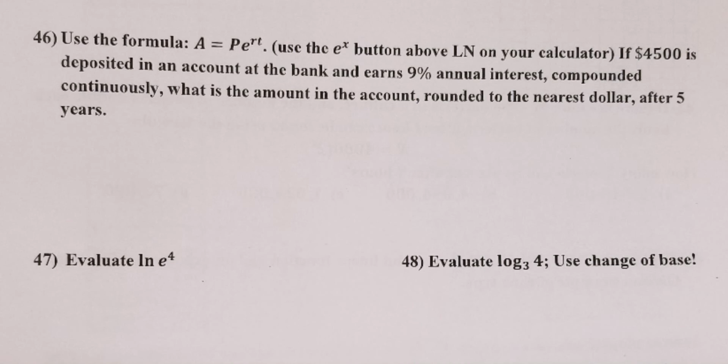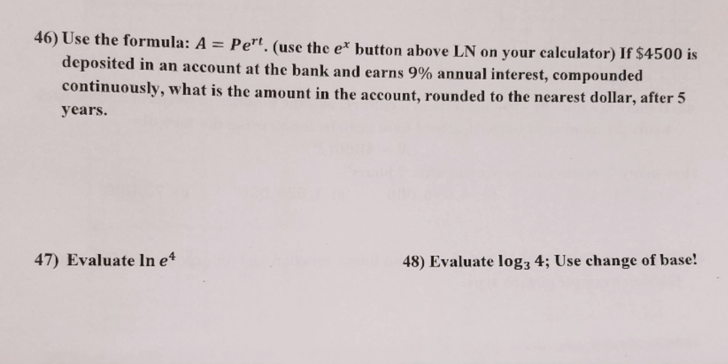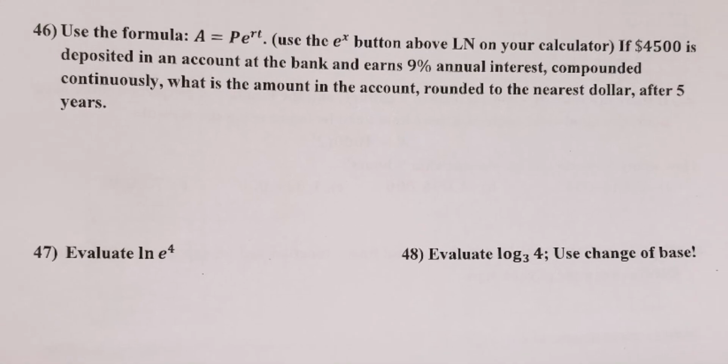Alright, so use the PERT formula. This is if your interest is compounding continuously, you're going to see how quick your money grows. That's why banks don't compound continuously, because it's just crazy. But if you have $4,500 in an account, that's going to be P for principal.